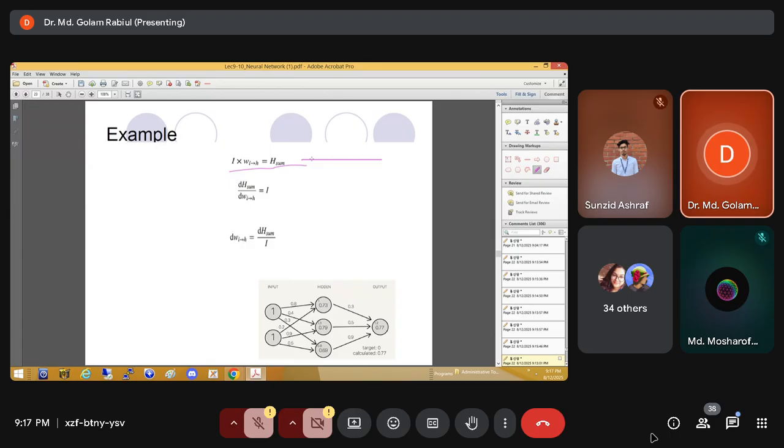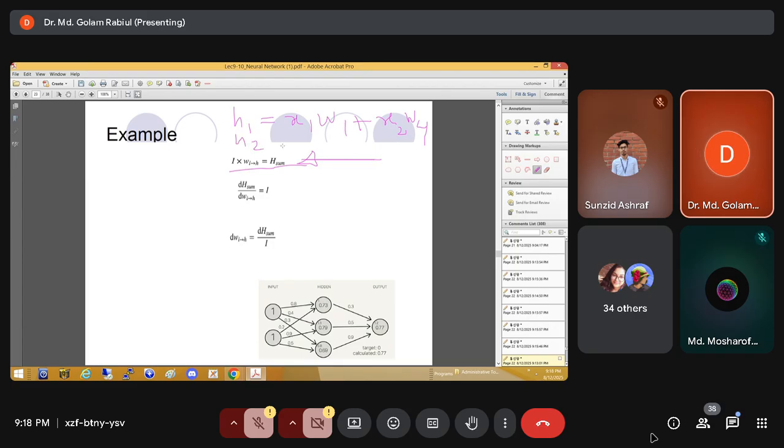So we utilize this equation, which we have already used to find the hidden sum. This is input times W equals hidden sum. We already know that H1 is X1 W1 plus X2 W4.